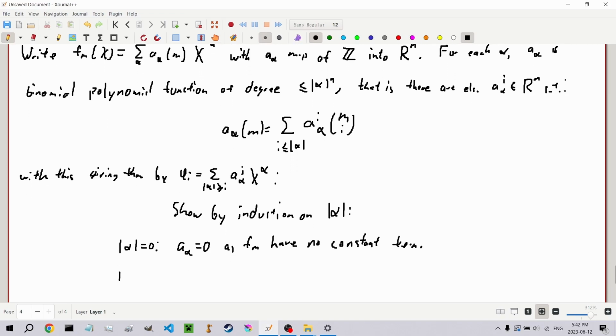Okay, the size of alpha being 1, I think this is being at least 1. And we assume, of course, this is true for size of beta being strictly less than the size of alpha.